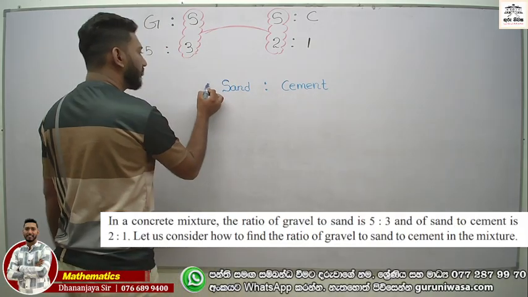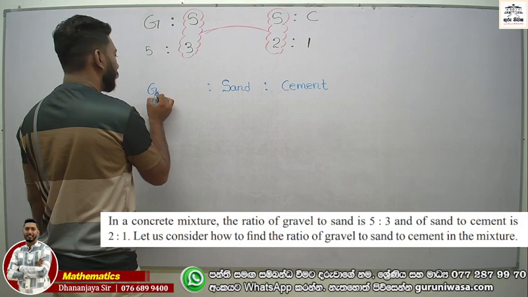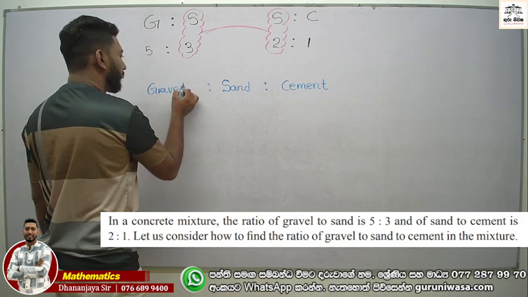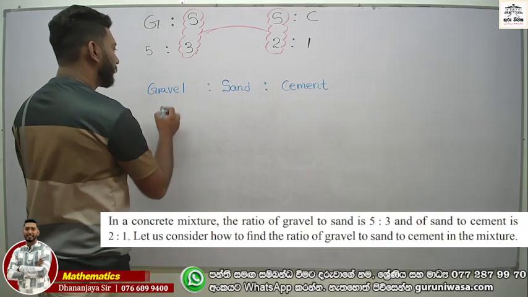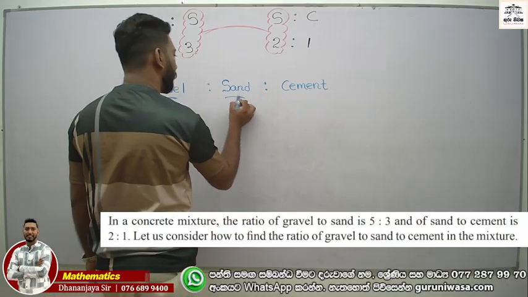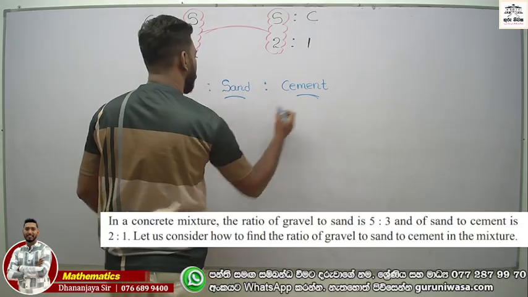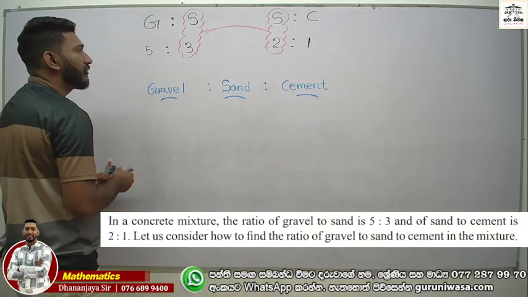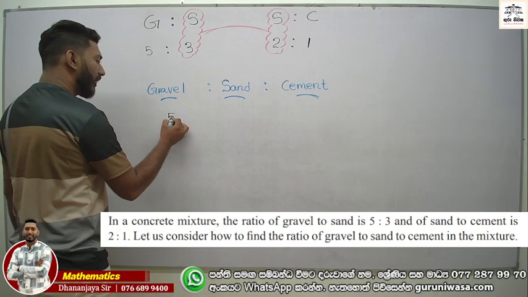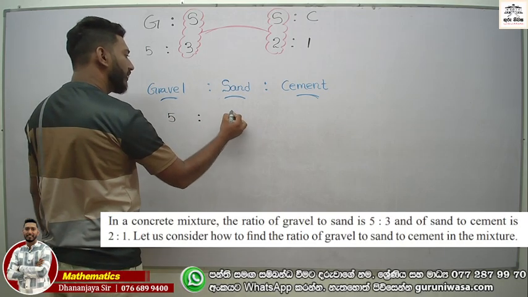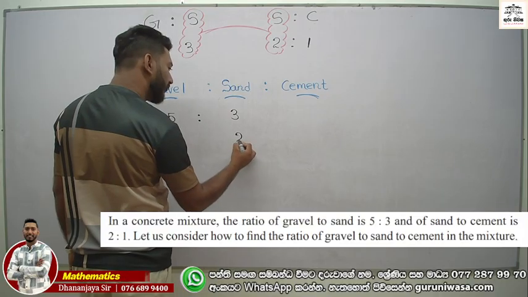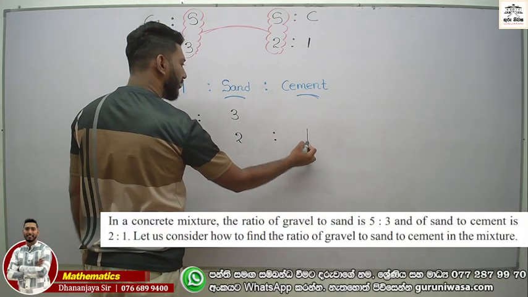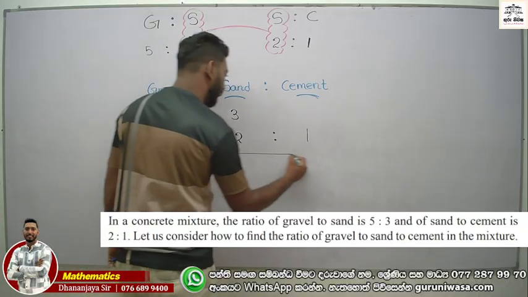The first one, yes, gravel. Now I'm going to write the ratios. This one, into this one, into this one. Now the ratios are 5 to 3 and 2 to 1. And now you know how to simplify.